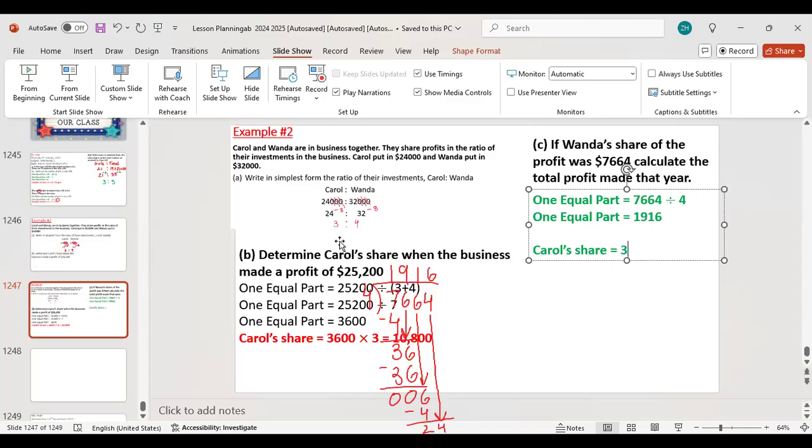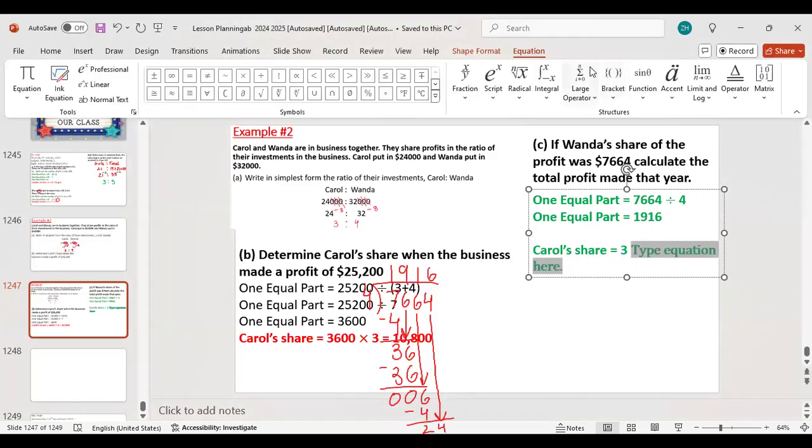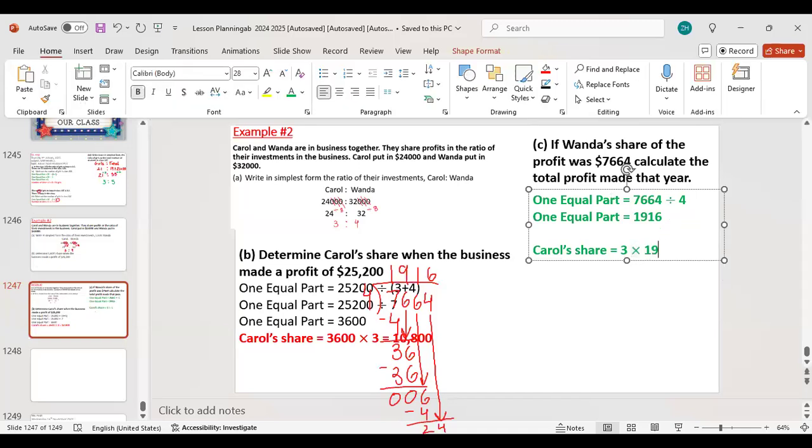It's going to be 3 times 1,916. What is 3 times 1,916? 5,748. Good. So that's Carol's share.